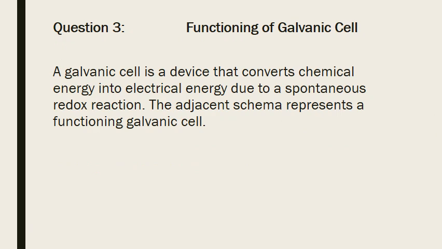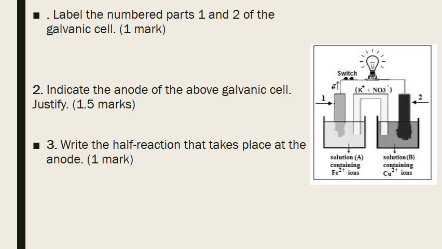Question 3 says functioning of galvanic cell. A galvanic cell is a device that converts chemical energy into electrical energy due to the spontaneous redox reaction. The adjacent schema, which we're going to see in the second slide, represents a functioning galvanic cell. The first question says label the numbered parts 1 and 2 of the galvanic cell.